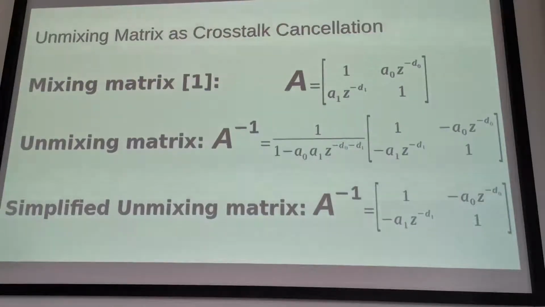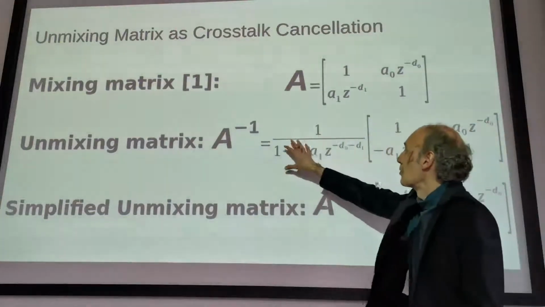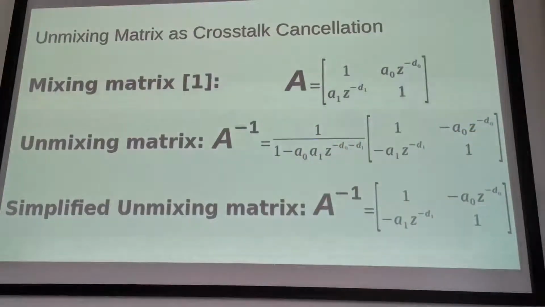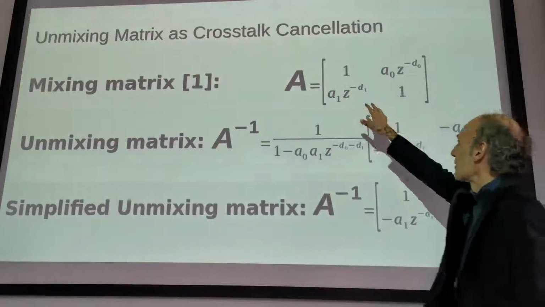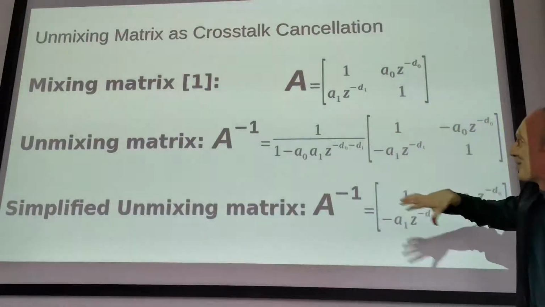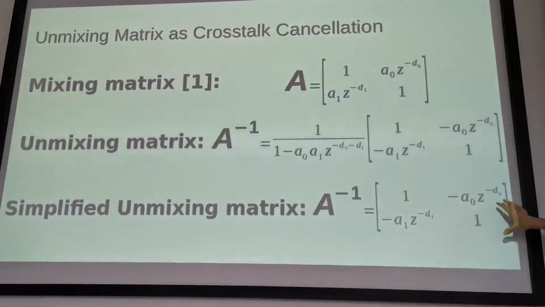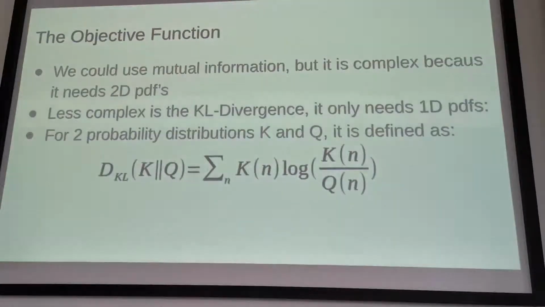It just gives it a slightly different sound, but it's not really so important. So for simplicity, we drop this determinant term because it makes things much easier if we don't have it. Make sense? So again, a simplification here. So using delays and amplitudes is a simplification. Dropping this term is another simplification. So basically, we just deal with this unmixing matrix and having those four coefficients to optimize.